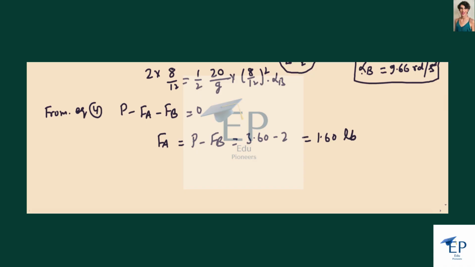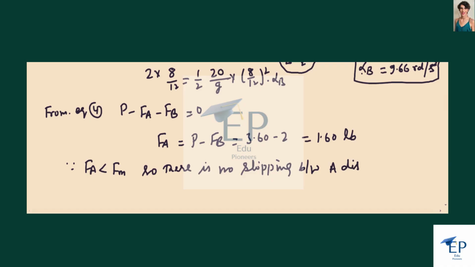Since Fa is less than friction force, there is no slipping between disc A and belt.